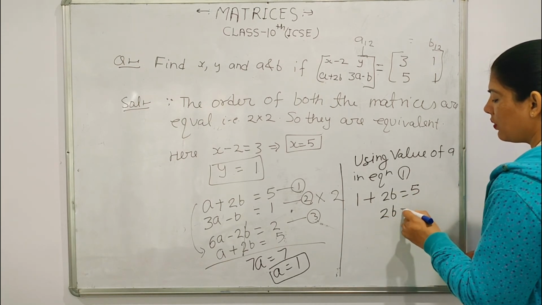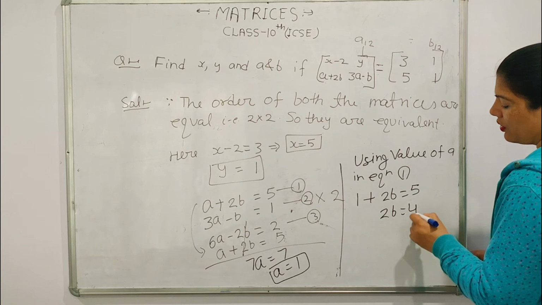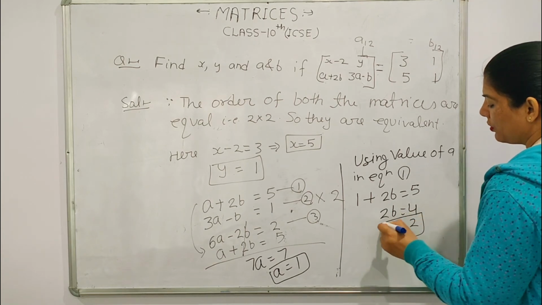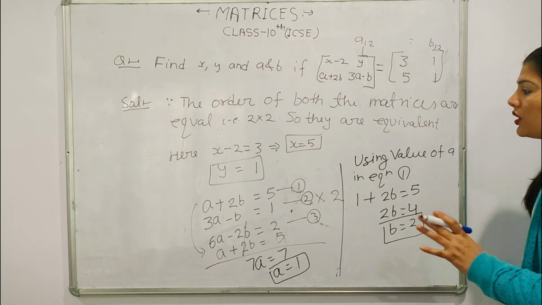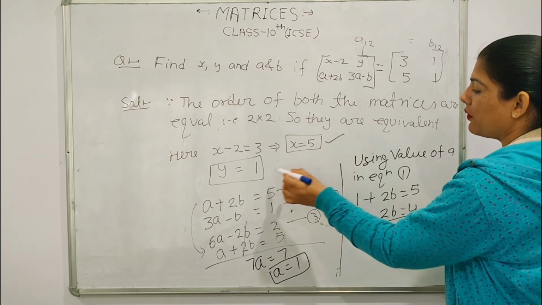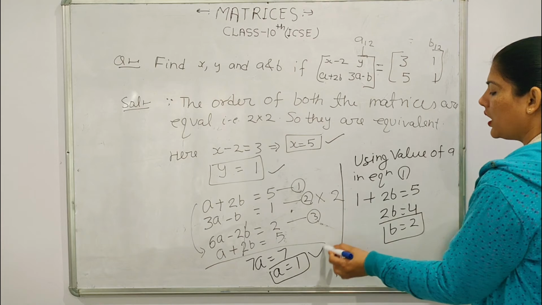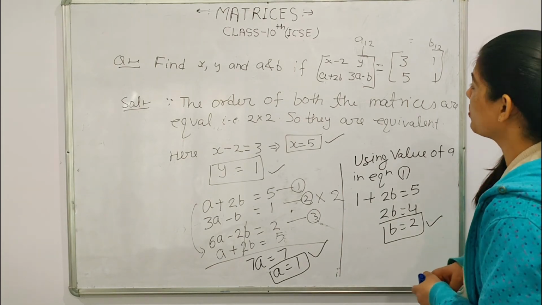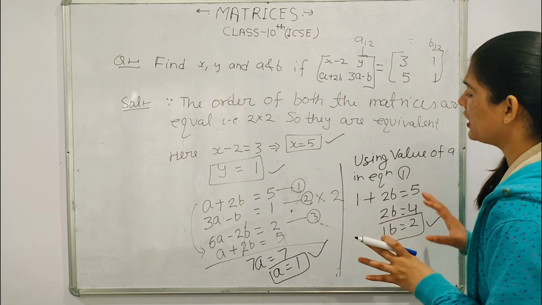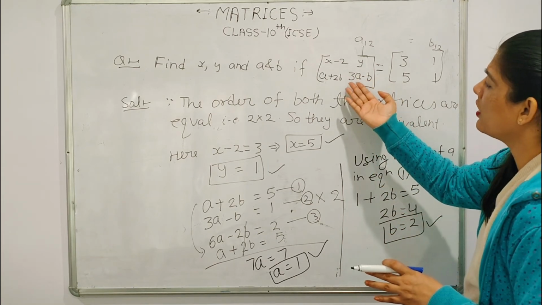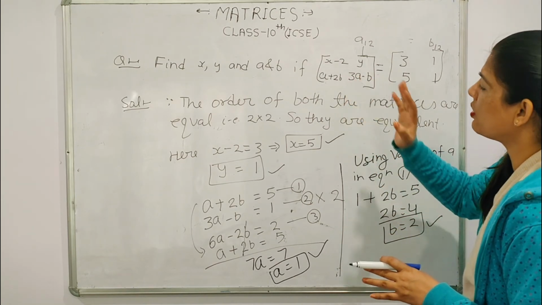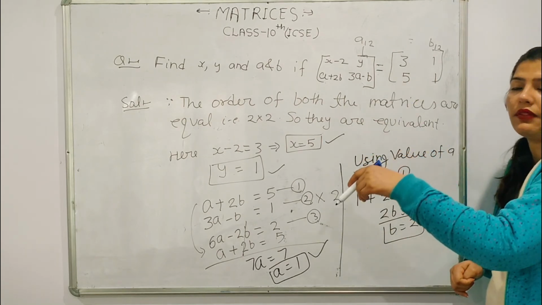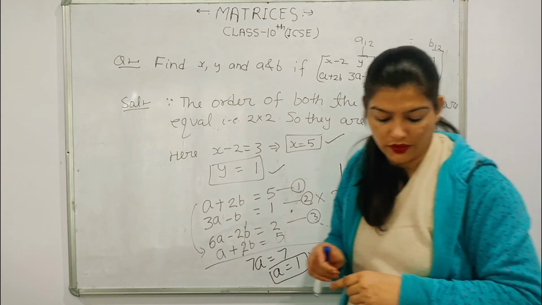So 2B is equal to 5 minus 1, which gives you 4, and B is equal to 4 by 2, which is 2. So the values are x is equal to 5, y is equal to 1, A is equal to 1, and B is equal to 2. So if you put these values, then this matrix A is also equal to 3 5. The first column is 3 5 and the second column is 1 1.